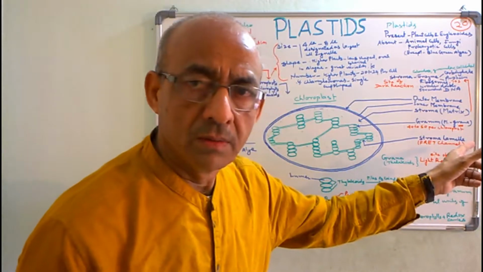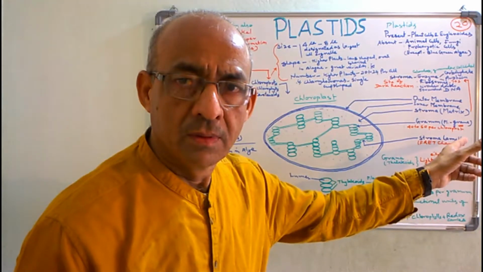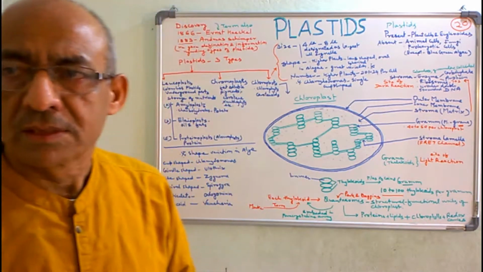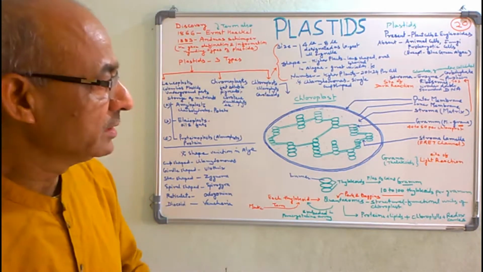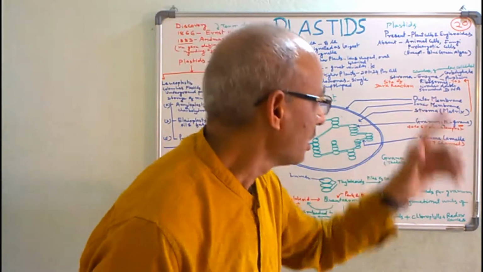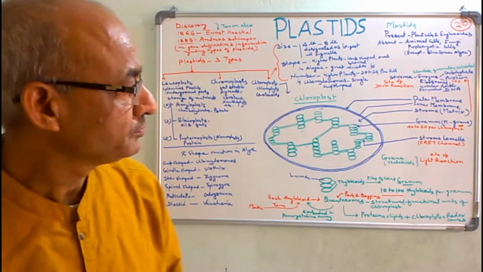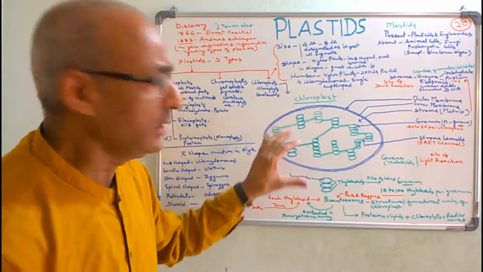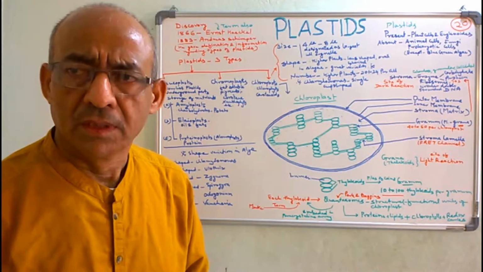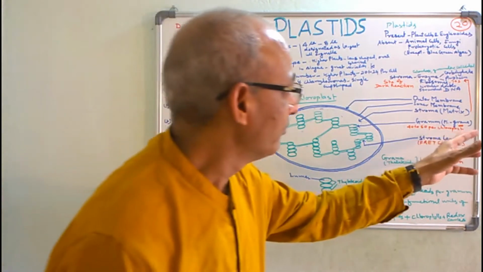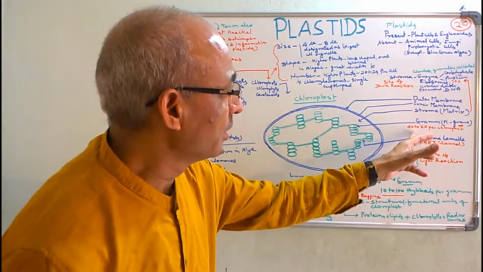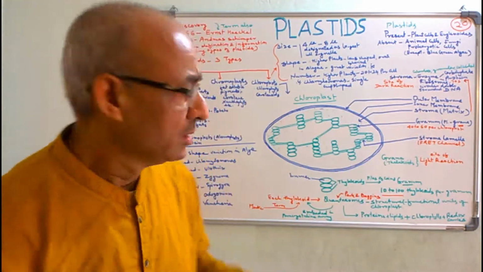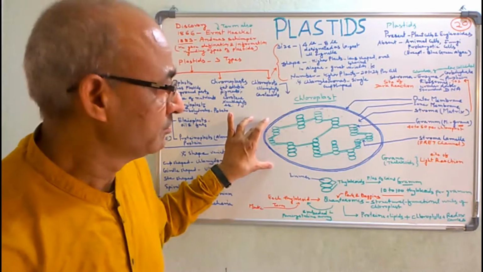In plural they are called grana, but in singular it is pronounced granum. Normally, the number of grana varies from 40 to 60 per chloroplast.